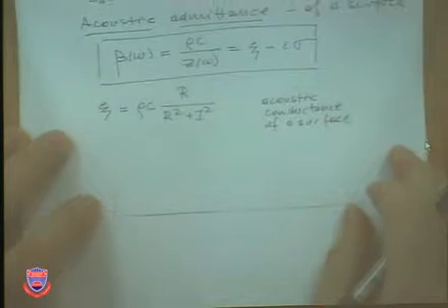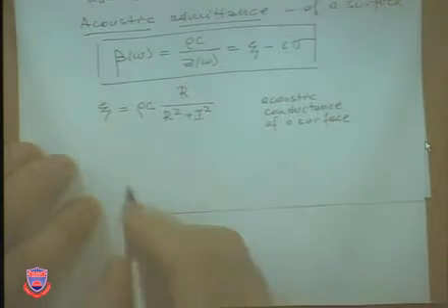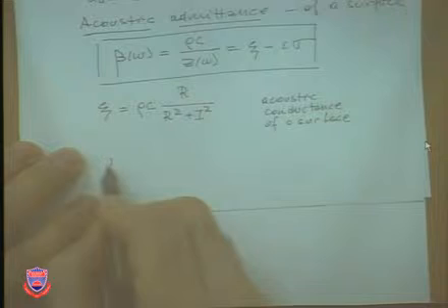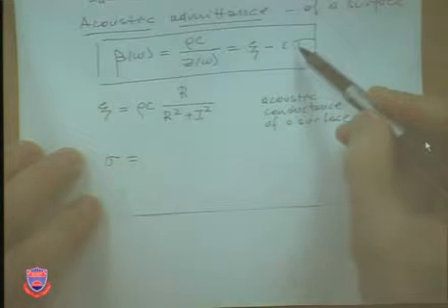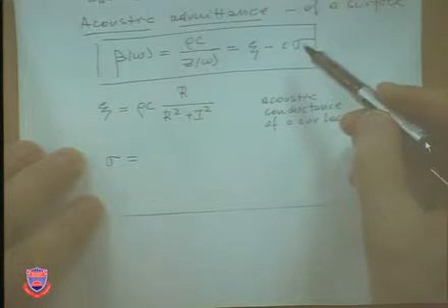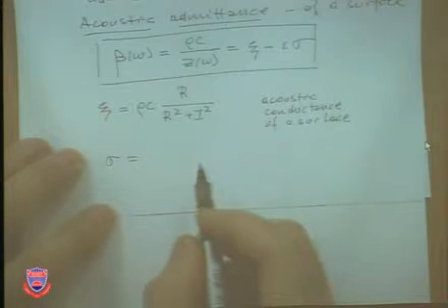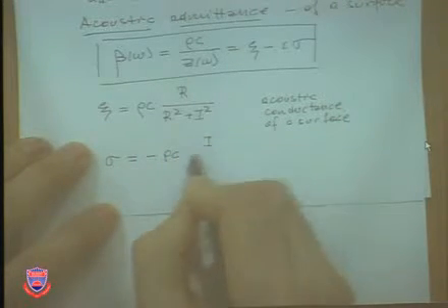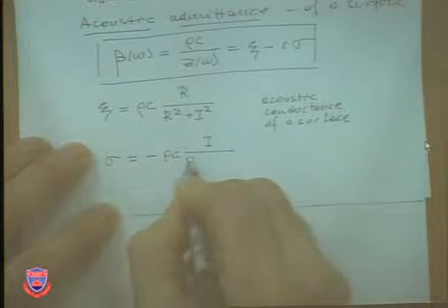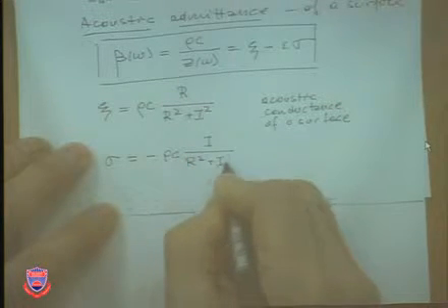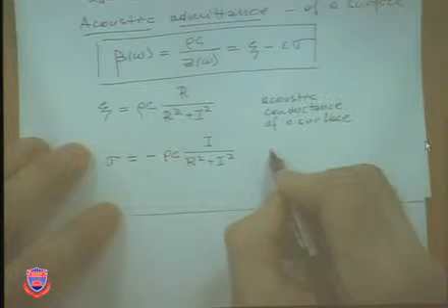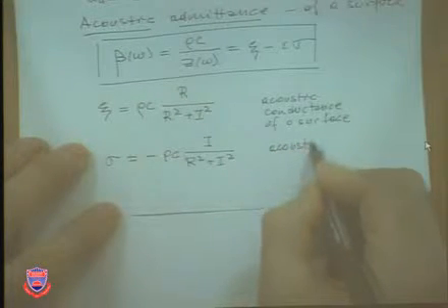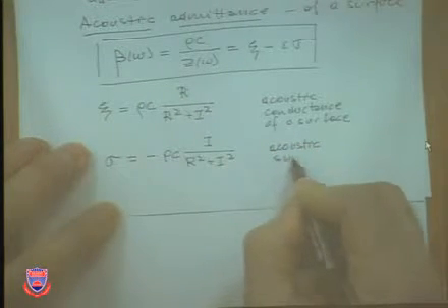Okay, acoustic conductance of a surface. And sigma, that's the imaginary part of the admittance, is the corresponding value. And this is called the acoustic susceptance.